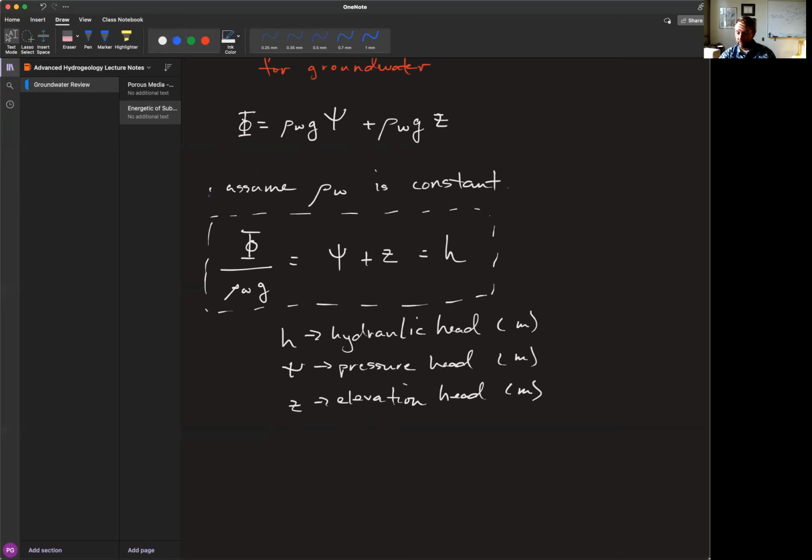All right. And that groundwater will always flow from high energy to low energy, or high head to low head.